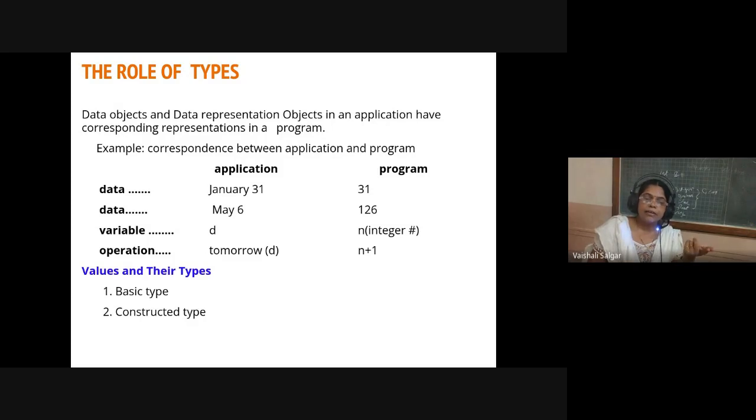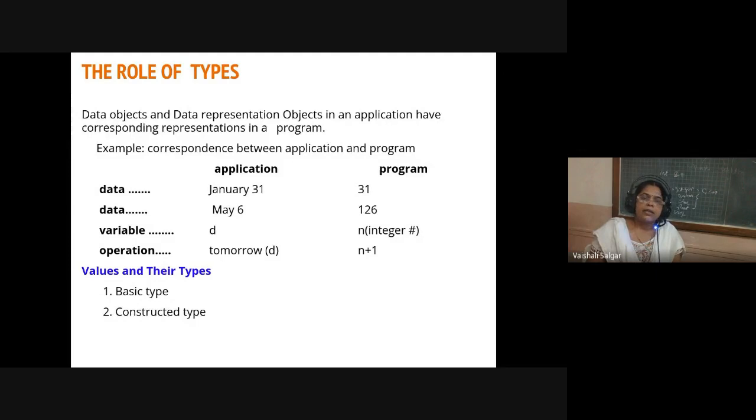But that is very difficult to do with the data object specified in the application, that is the multiplication of 2 days. I can't multiply 2 days, right? Because that is not of any specific type. So that is the importance of the role of the types of data objects in your application and the data objects in the program which represent that particular information.